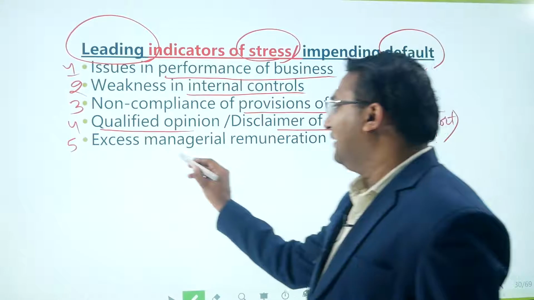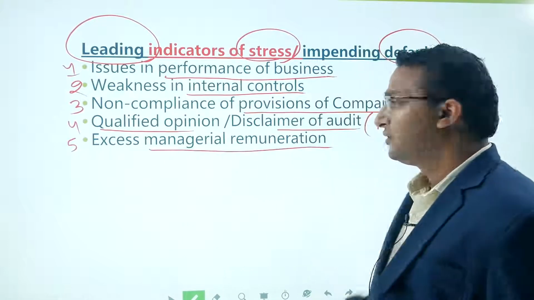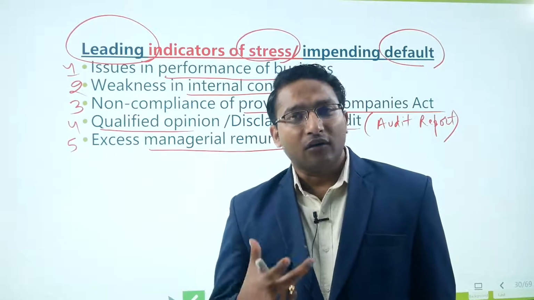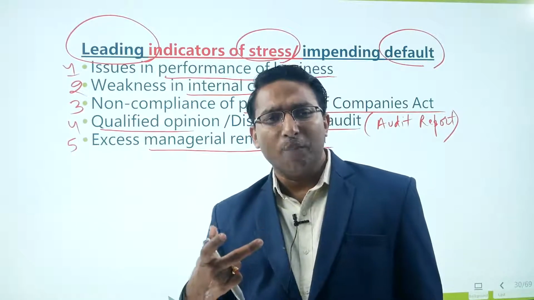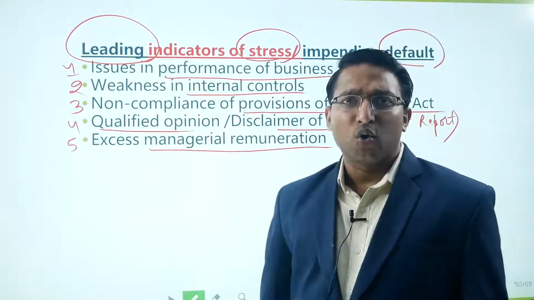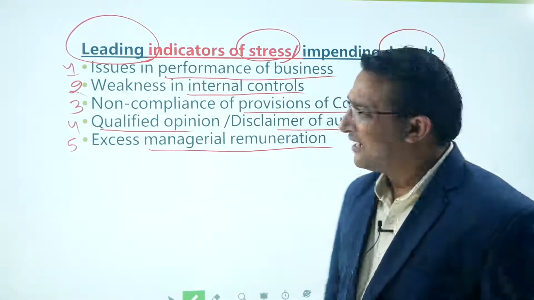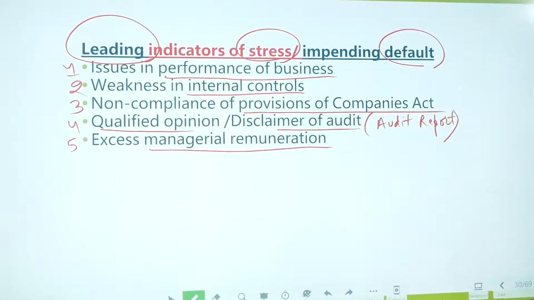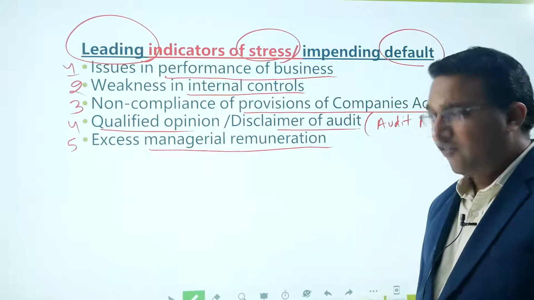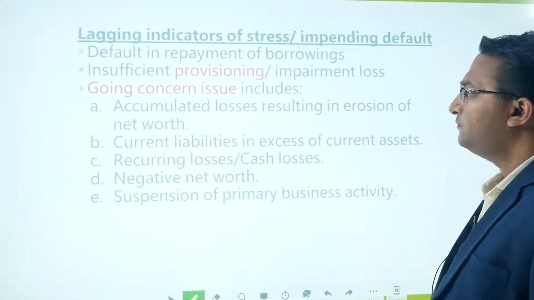When this managerial remuneration exceeds a particular limit, then it shows that a few number of people, the top management people, are garnering a major amount of wealth created by the company. That is also one of the leading indicators of stress or the upcoming default, right? So these 5 points are the first idea.